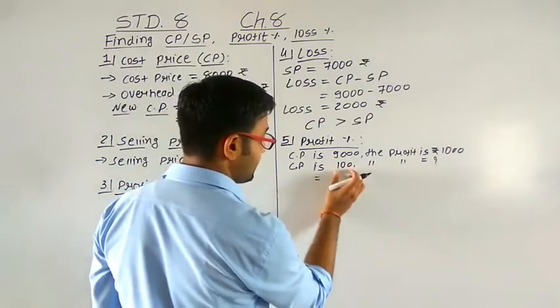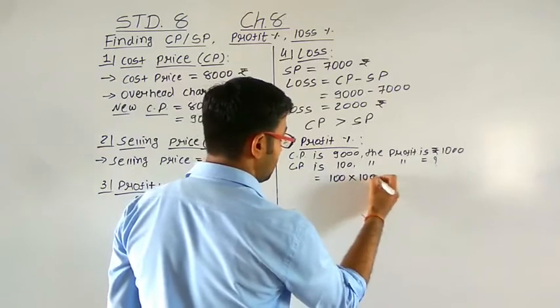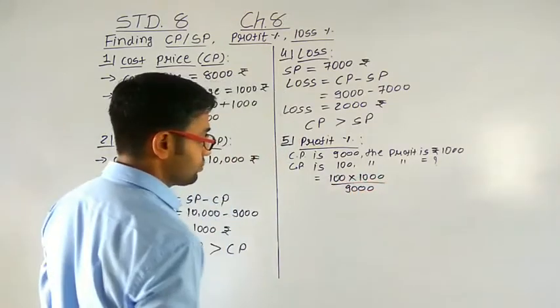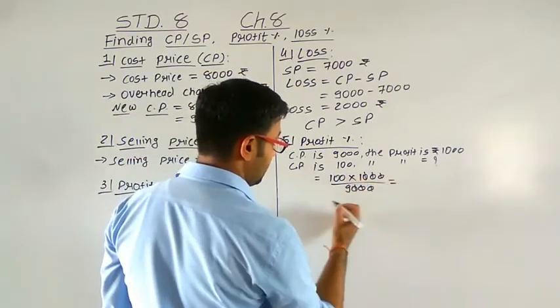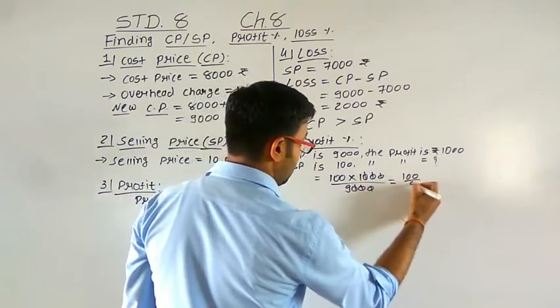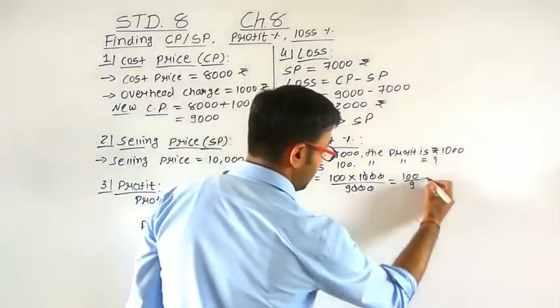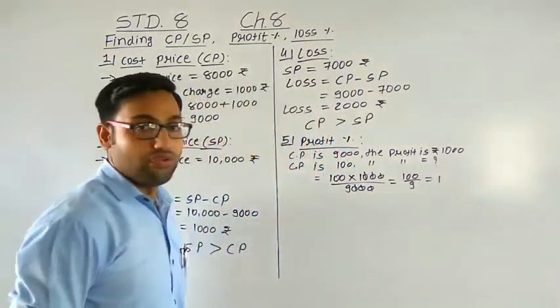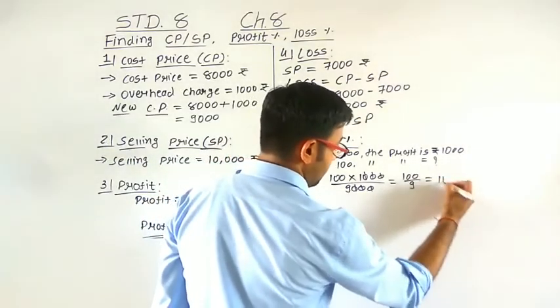We can calculate it as 100 into 1000 upon 9000. Let us cut it. 10 will cut here, and we get 100 upon 9. When we calculate, 9 ones are 9, and again 9 ones are 9.